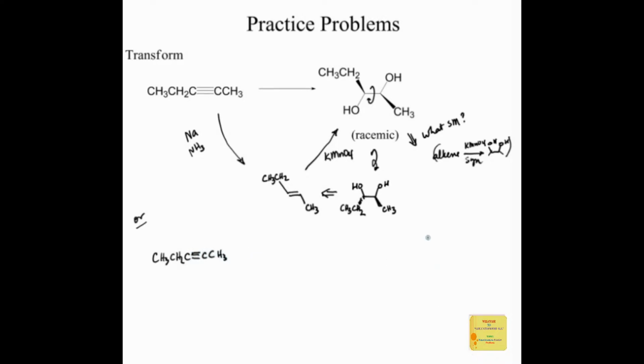What if we wanted to do an anti-dihydroxylation? What alkene would we need to get the stereochemistry that's shown here? Now these are already drawn in the anti relationship, the trans relationship. So this has the ethyl and the methyl on the same side.